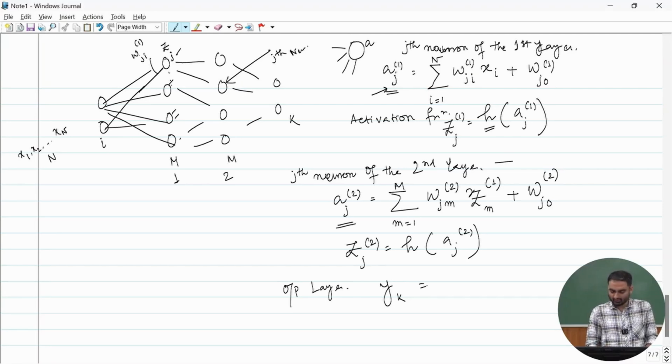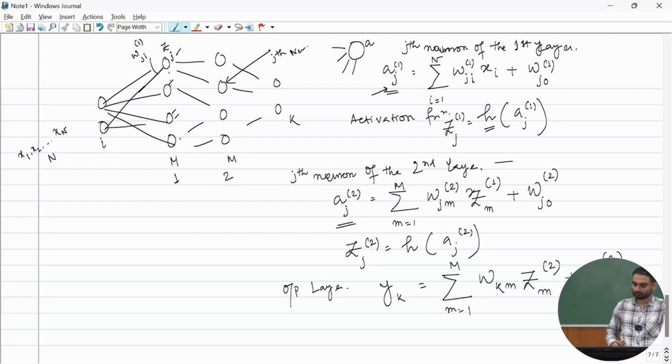Yk is going to be a sum over, again let's say there are m number of neurons in the second layer, m equals 1 to m, Wkm Zm2 plus Wk0 2, right?